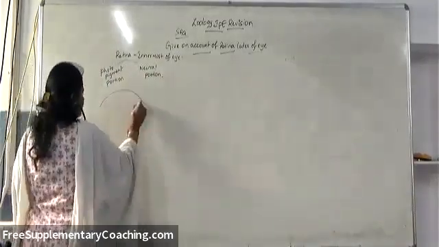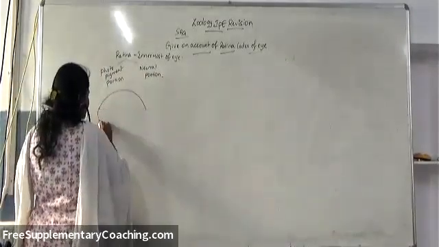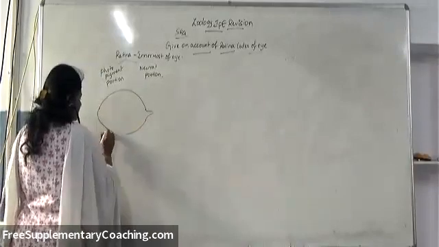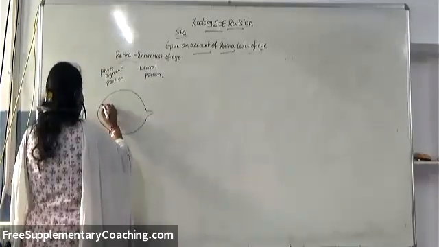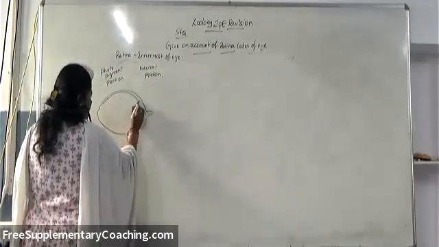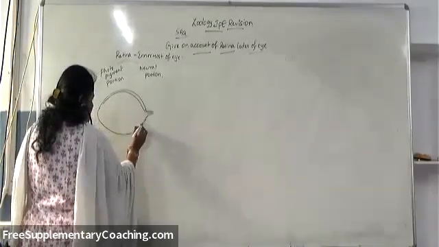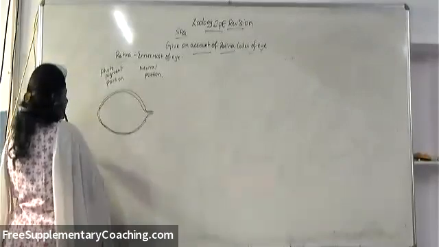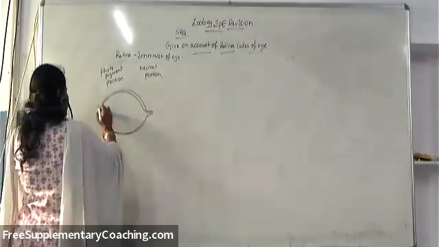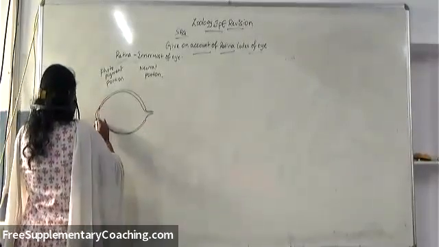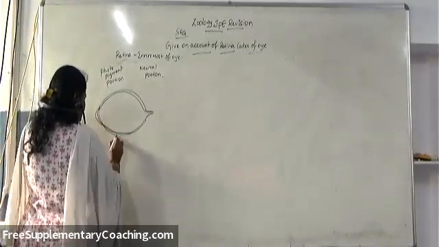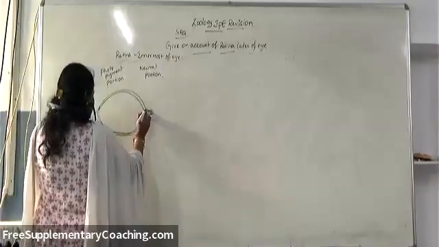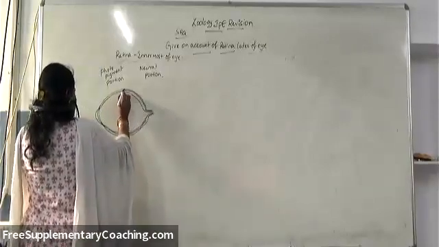If we take the structure of the eye, the retina forms the innermost layer, the second layer is the choroid, and the outermost layer is the sclera.